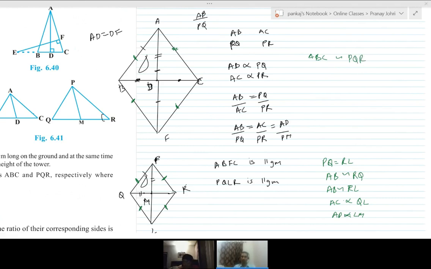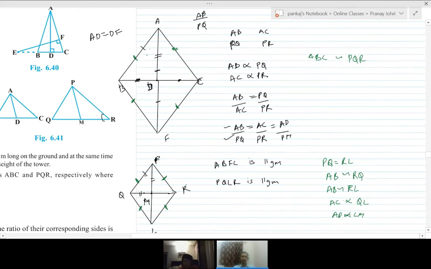So we know it's a parallelogram. Actually, the point we are trying to achieve is, if you carefully observe here, we had AB by PQ.